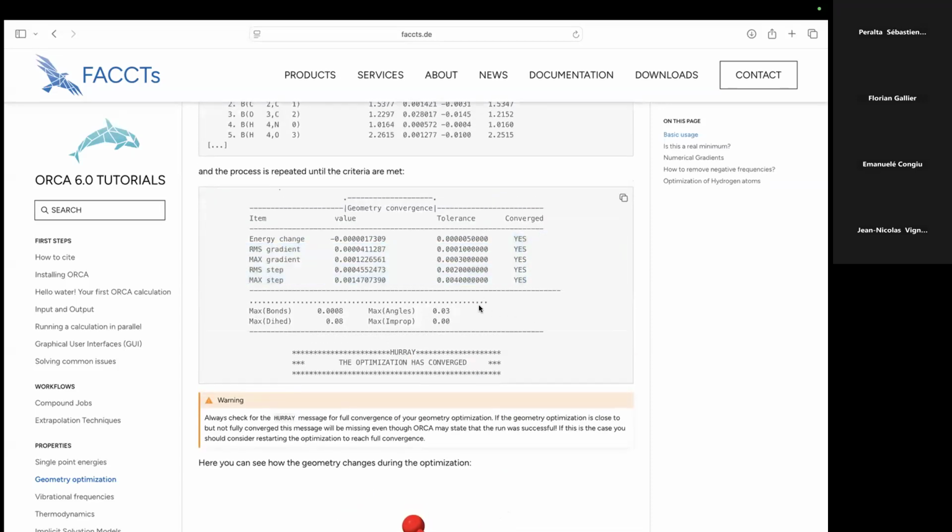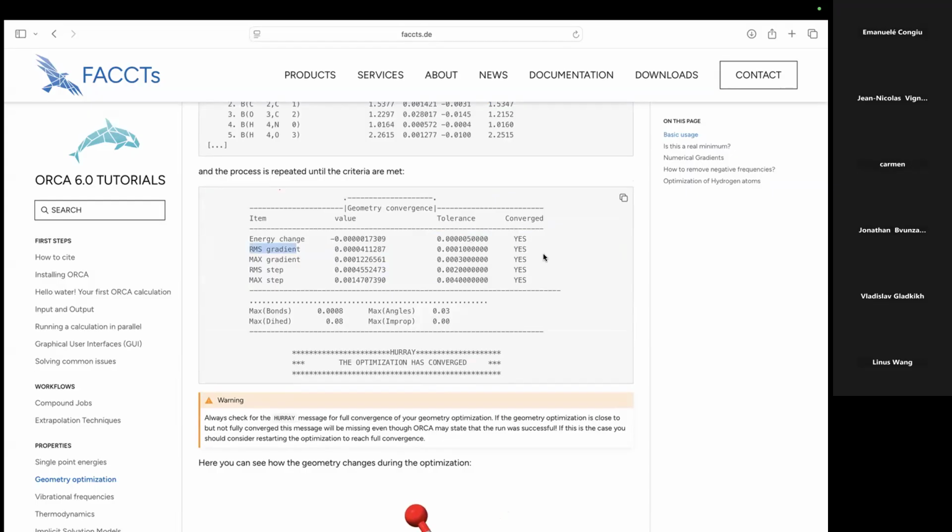In the energy change, we say when the energy change meets that value, we are satisfied. We say the energy is really converged, and we can also check the gradients, and we say we approach a reliable structure now.